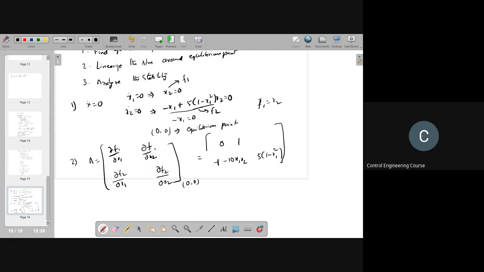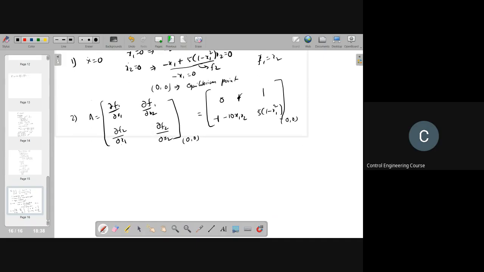So this is your linearized system. You need to find this A matrix around the equilibrium point, that is 0, 0. So A is equal to, if you substitute 0, 0 for x1 and x2, you will get 0, 1, minus 1 and 5.